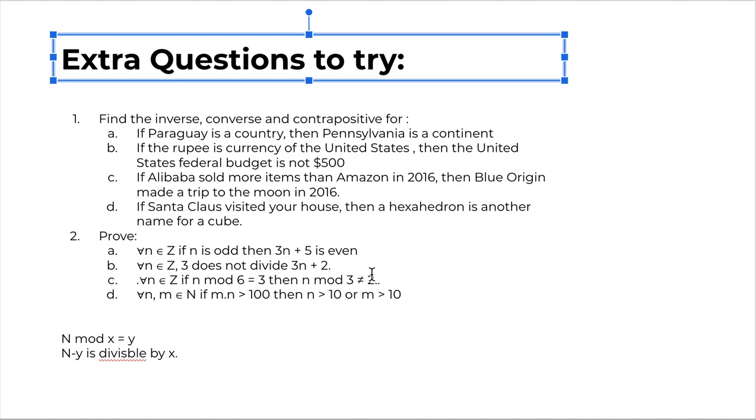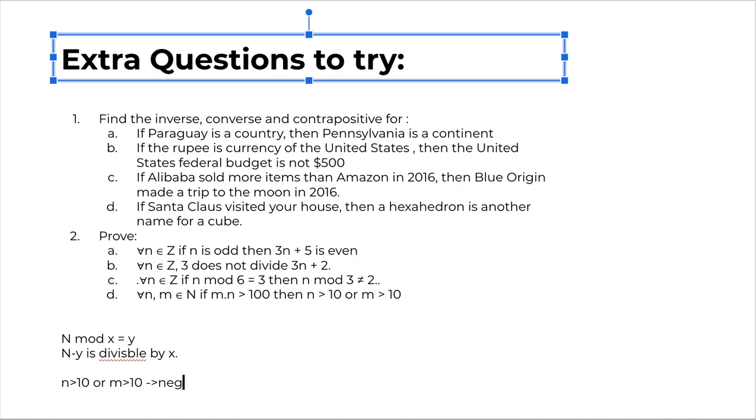And the last one is, if there are 2 numbers, m and n, and both are natural numbers, if m times n is greater than 100, then prove that n is always greater than 10 or m is greater than 10. It's an or that you need to look at. And understand the negation that you'll have when n greater than 10 or m greater than 10. When you negate both of them, I'll just write it down.